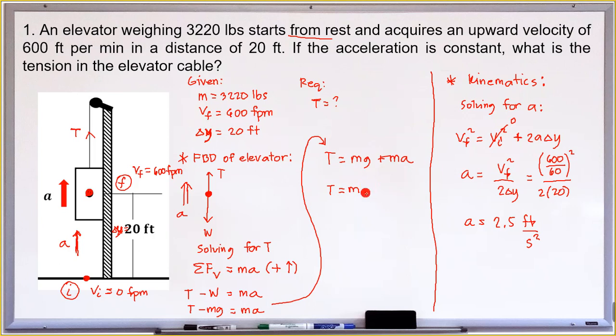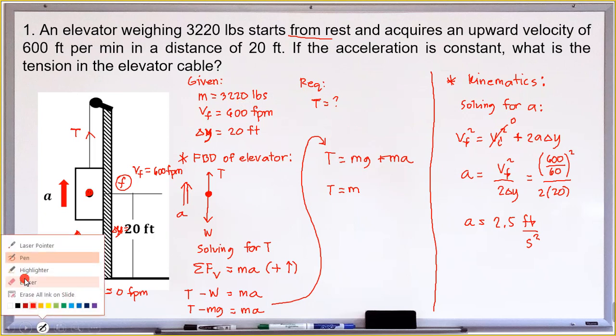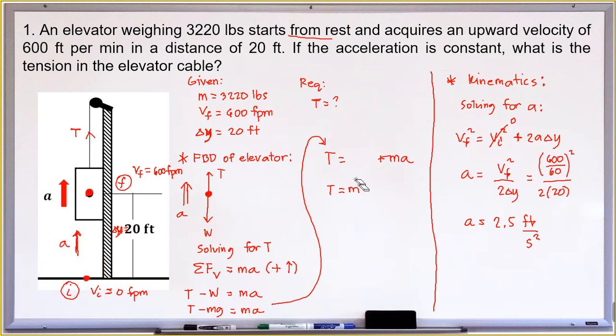As you notice, class, this is in pounds, so this is different from the metric system. The mg can be represented by the weight, so we just represent it as a weight.